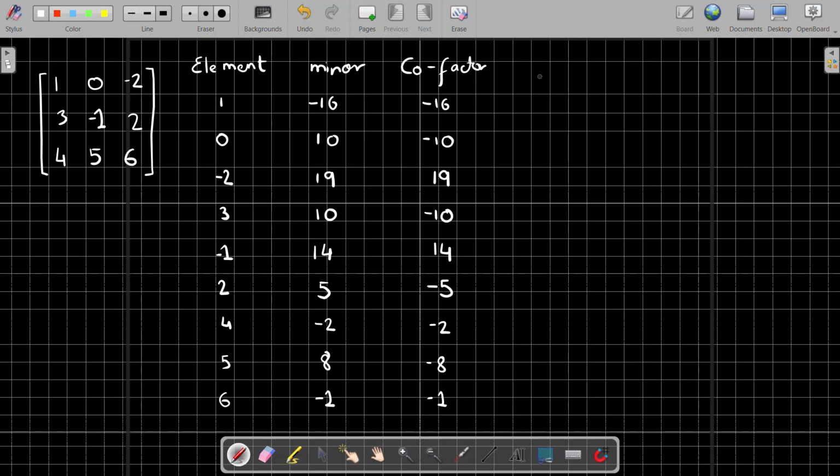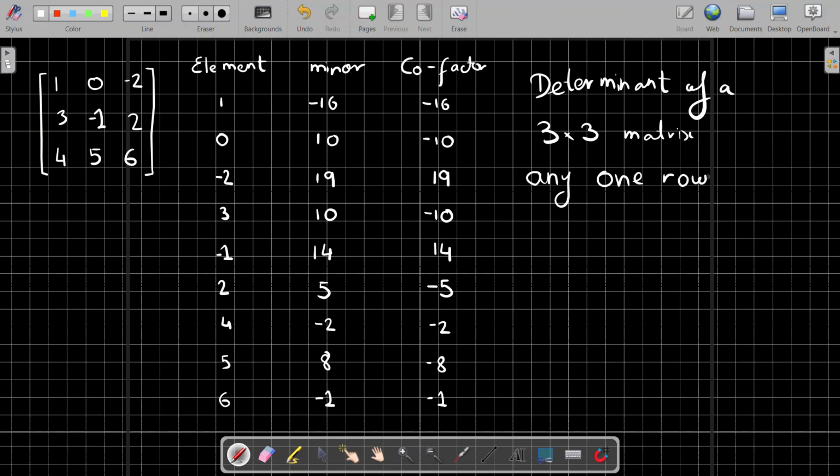So to find the determinant of a 3 by 3 matrix, you take any one row or column, any one row slash column, multiply the set elements with their cofactors and add them.